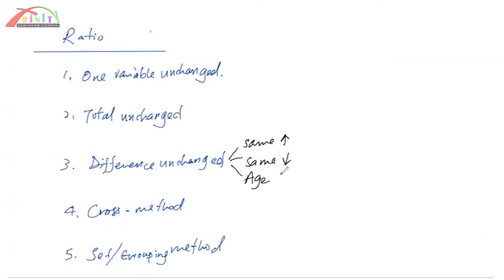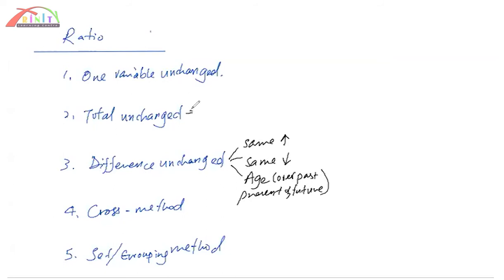each question, but over past, present, and future. In other words, any kind of age questions that involves 10 years ago, 15 years later, this kind of questions with age questions is always difference unchanged. Do you understand?